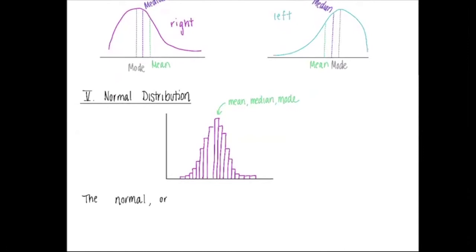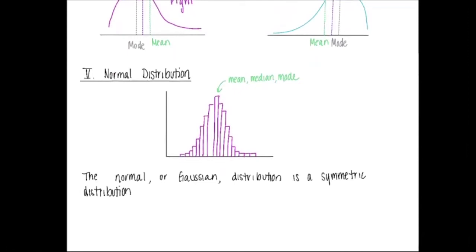So the normal, or you might hear it as Gaussian, which is named after a mathematician, distribution, is a symmetric distribution. Further, we have a bunch of different stuff. Okay. The graph is called a normal curve.